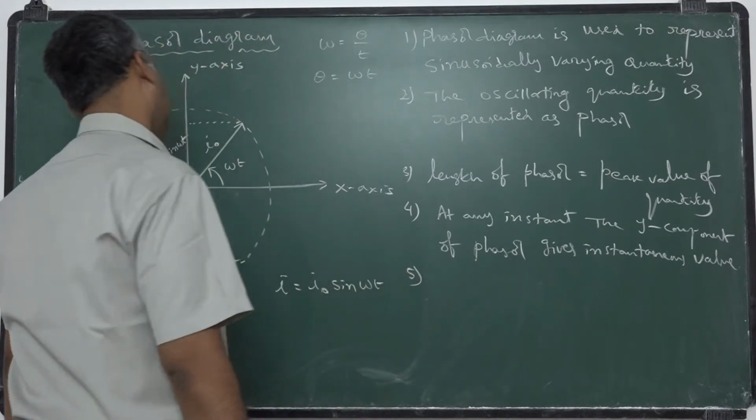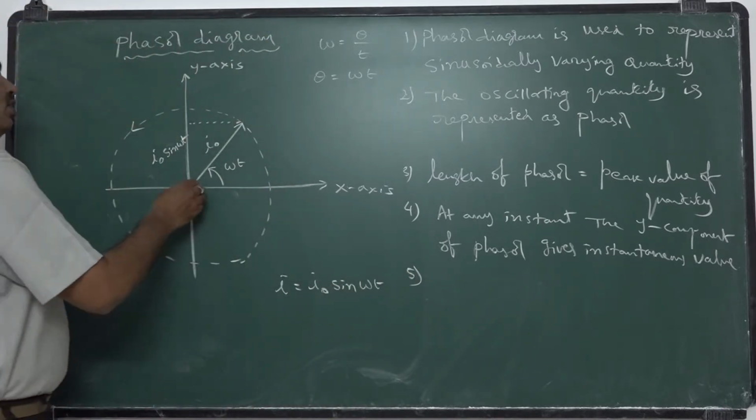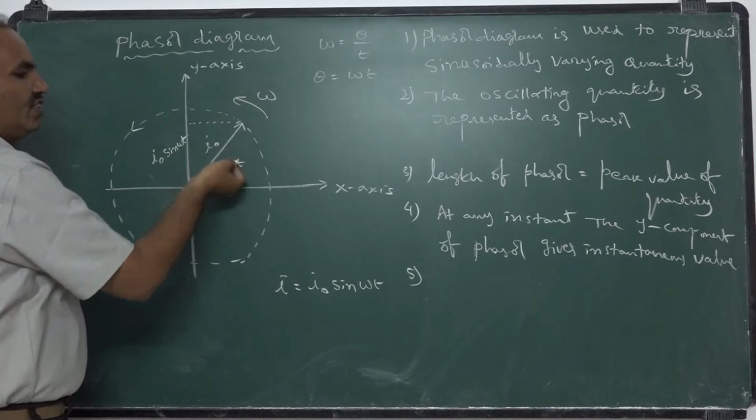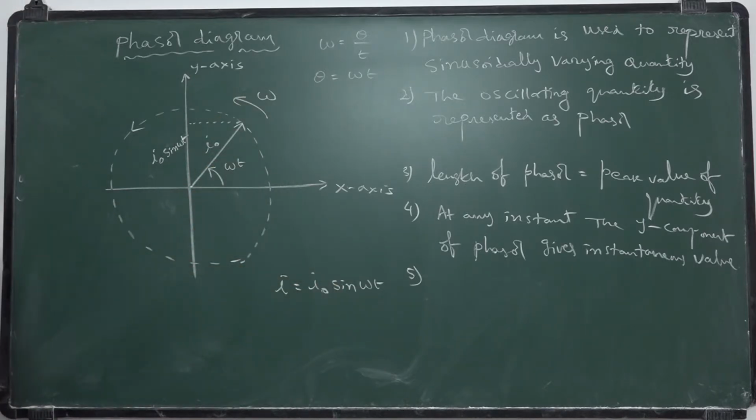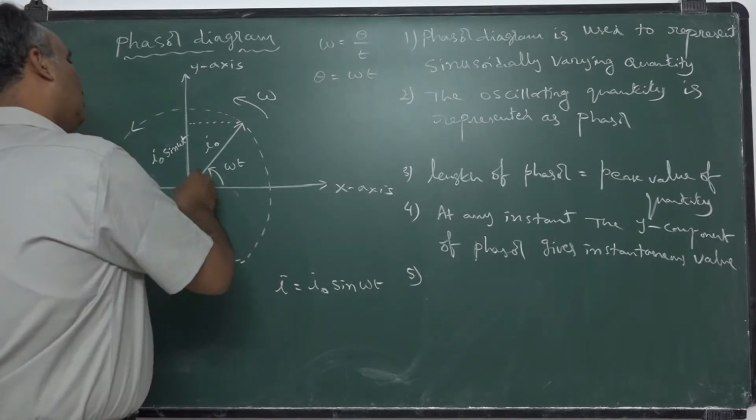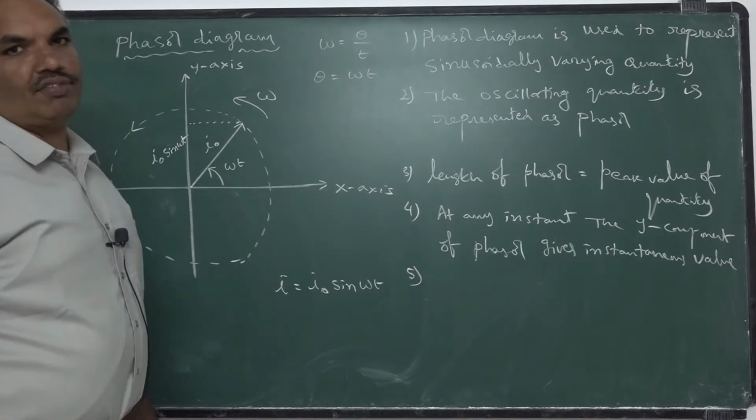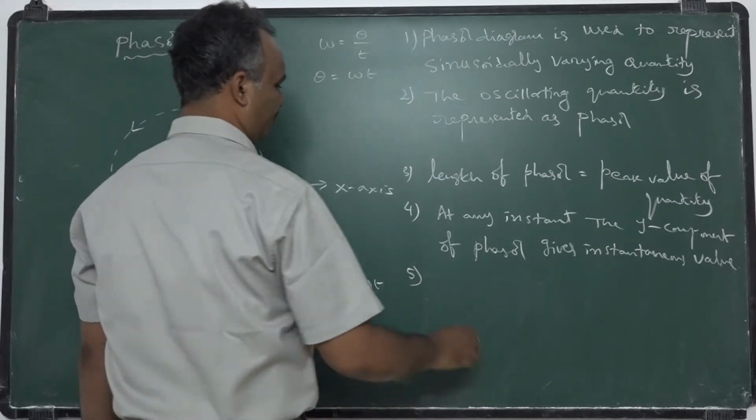Fifth point, it rotates with frequency which is equal to the frequency of variation of the physical quantity, and the angle made by the phasor with x-axis gives the phase of the physical quantity.